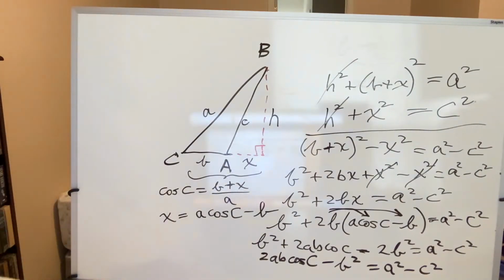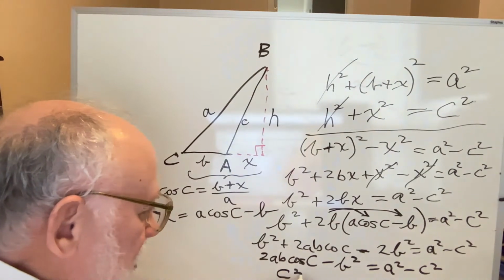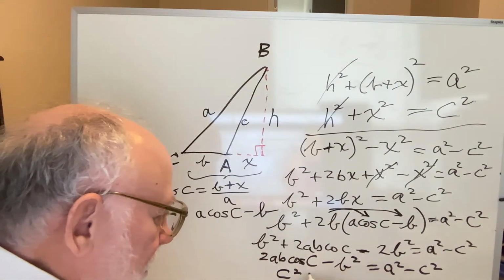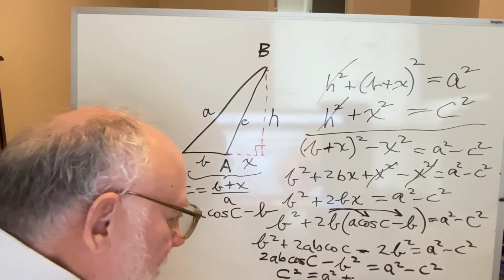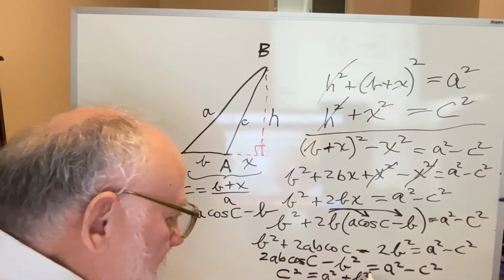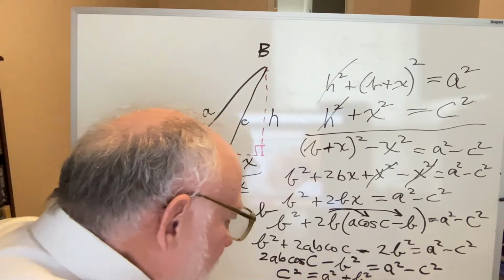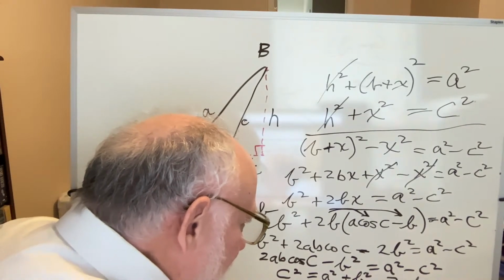Now we can sort all these out, solve for positive c squared, push c squared to this side, push the b squared to the right side, and push the 2ab cosine c, make it a minus when we push it to the right side.